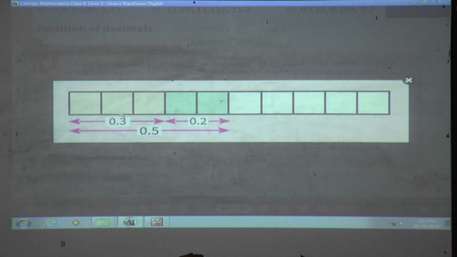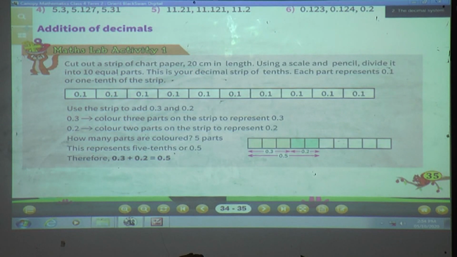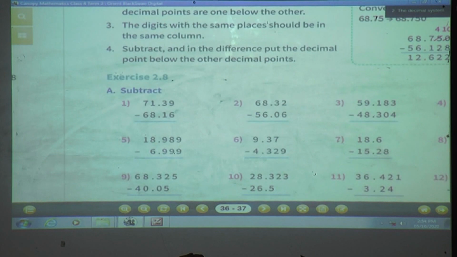So when you color the first 3 parts, then 2 parts, how many parts together have you colored? Count. 1, 2, 3, 4, 5. Means 0.5 of the strip is colored. So this represents 5/10 or 0.5. Therefore 0.3 plus 0.2 is equal to 0.5. Clear till here? Yes, very good.